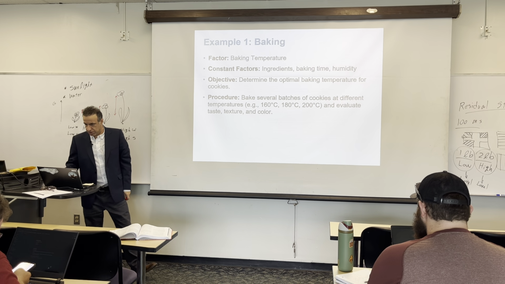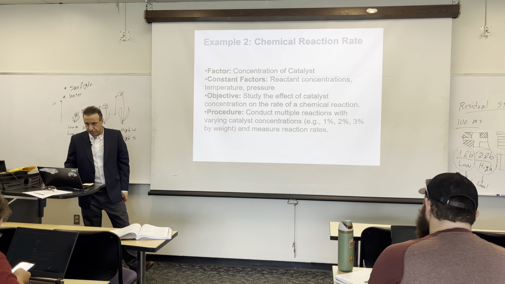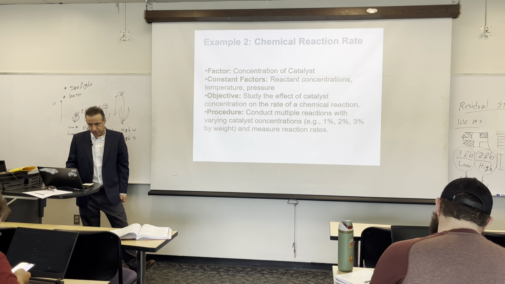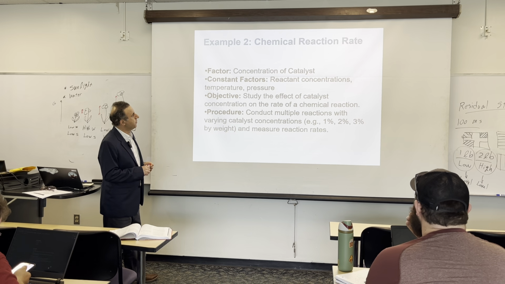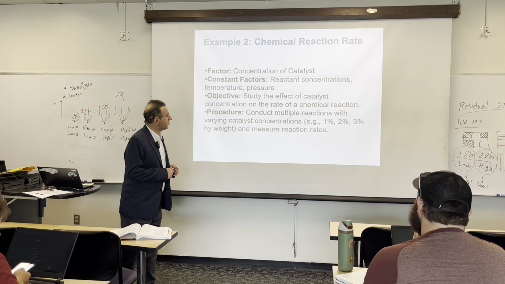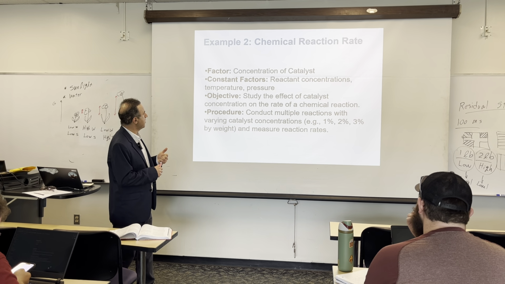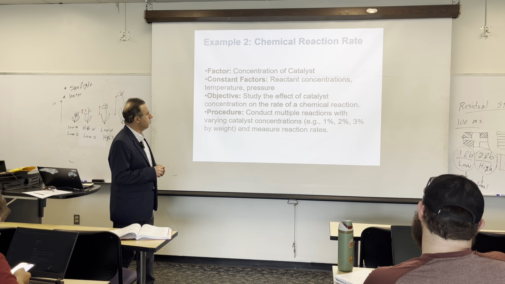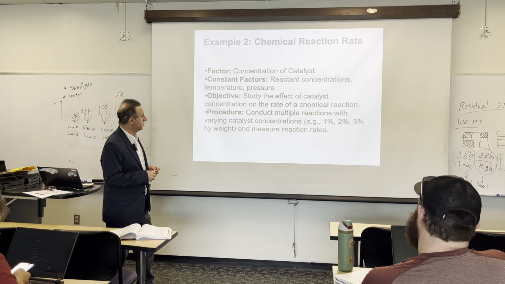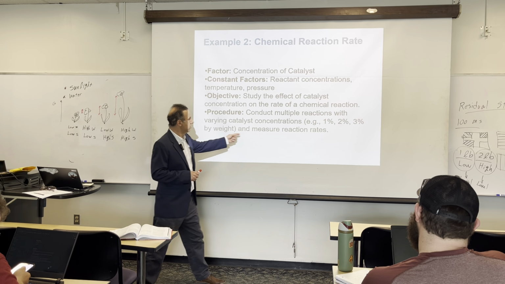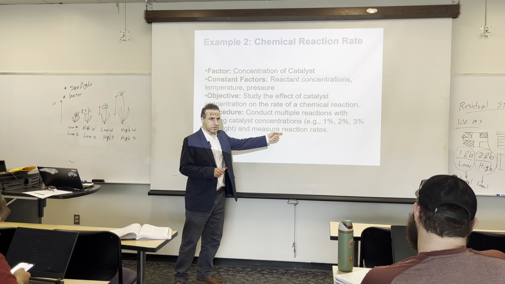Okay. So how about this one? Chemical reaction rate, concentration of catalyst, right? The constant factors can be temperature and pressure, and we want to see how the concentration is going to affect the reaction rate, right?